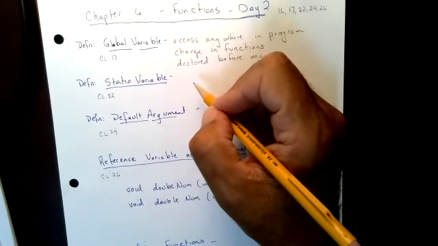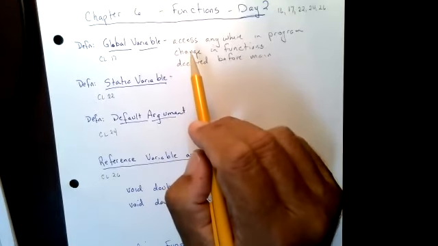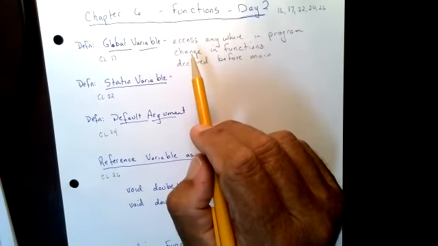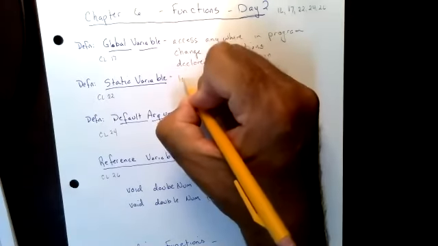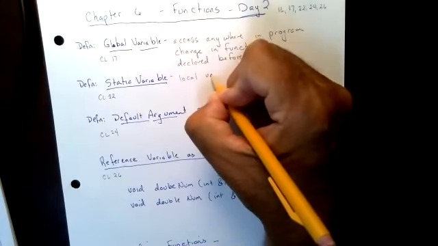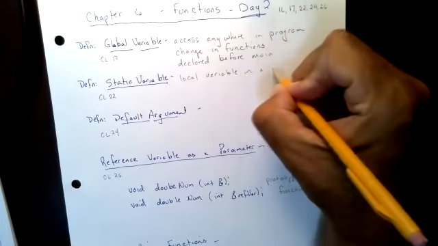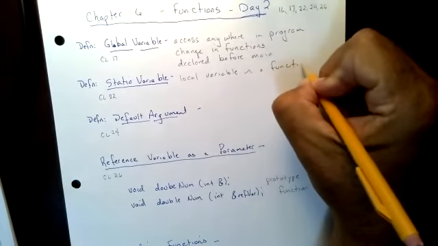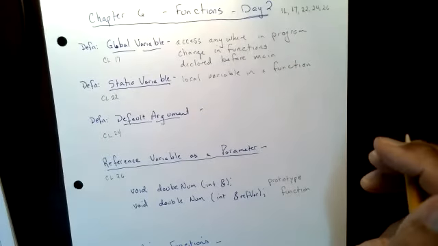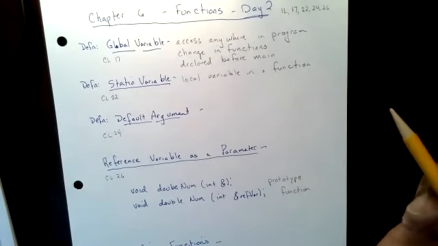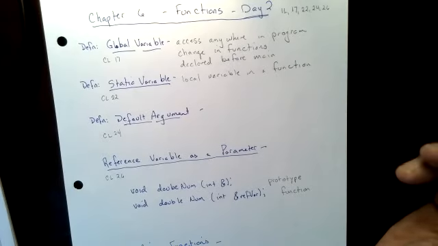Okay. So you're right, but you're also describing a global variable a little bit. So it's like a local variable. Yeah, it's a local variable in a function, okay? And when we add the word static to it, what we're saying is when I leave the scope of this function, it stays alive.